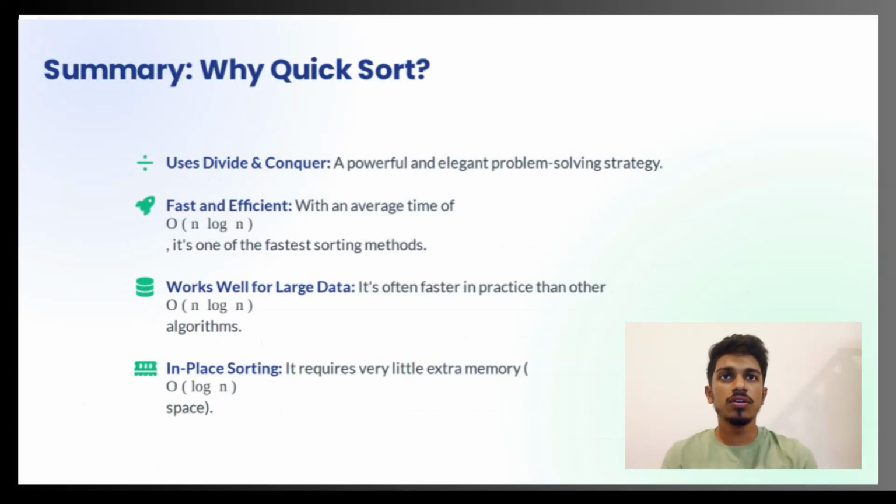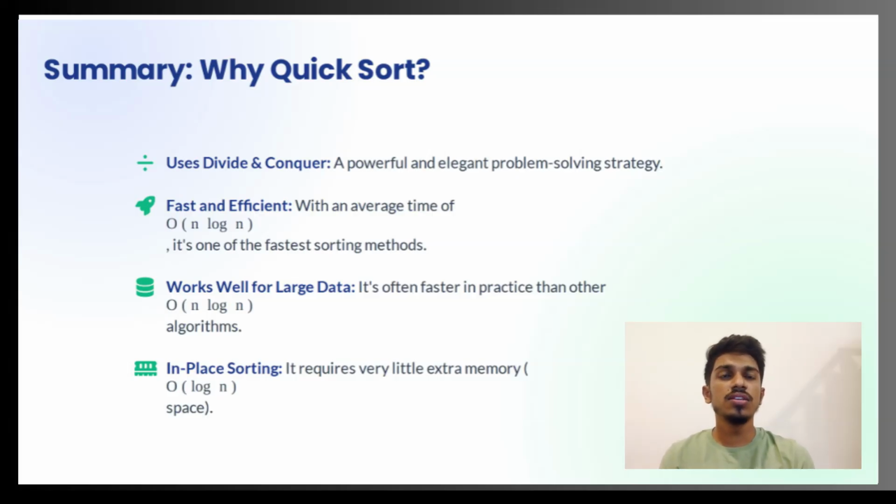In short, quicksort is a very powerful sorting algorithm that follows the idea of divide and conquer. It breaks a big problem into smaller parts to make sorting faster. It's one of the faster sorting methods we use in practice, with an average time complexity of n log n.